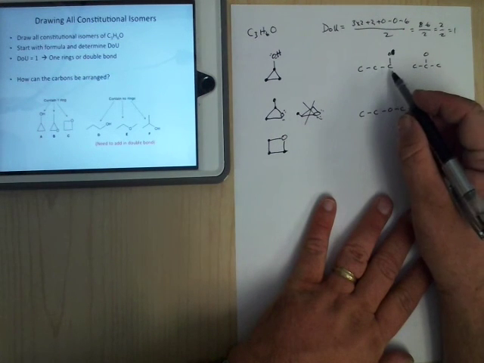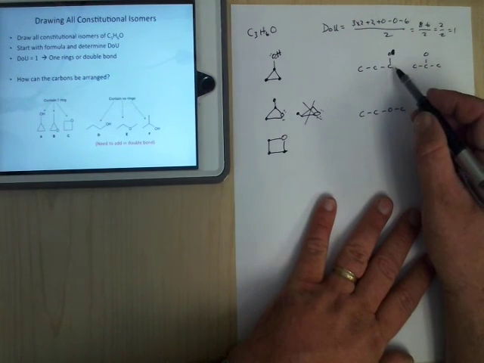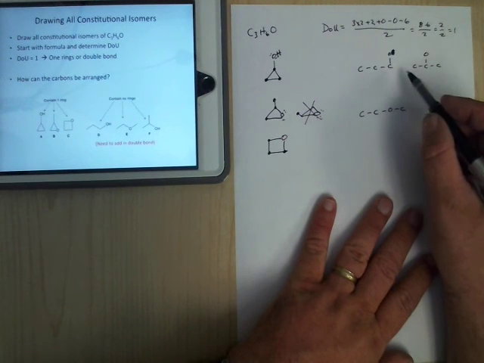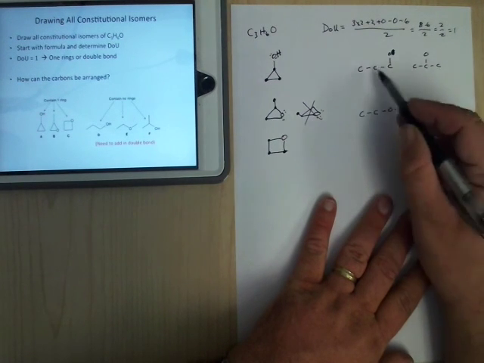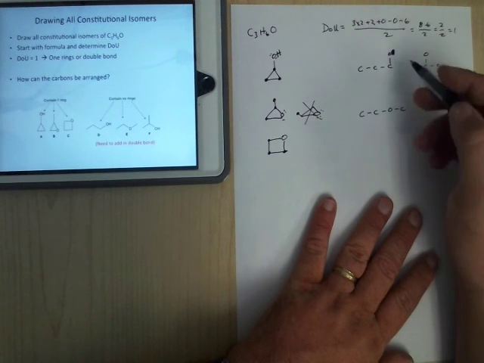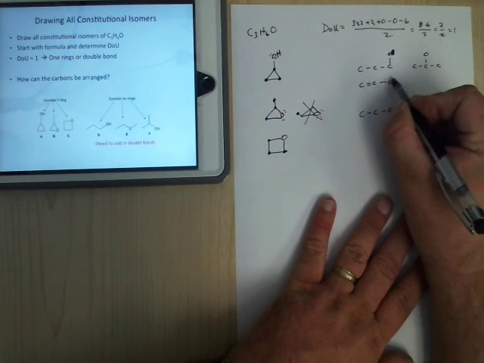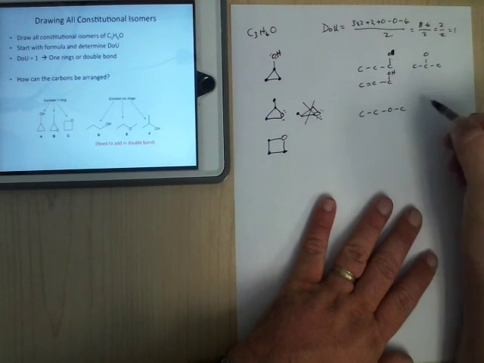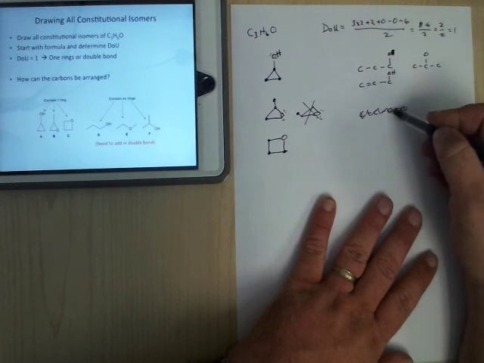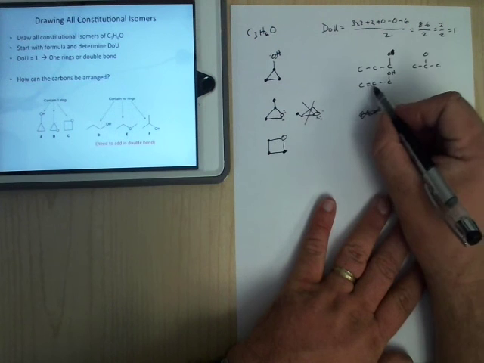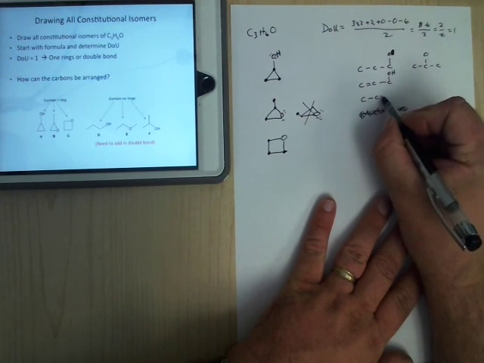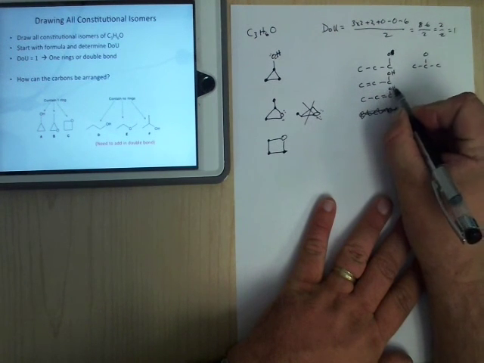So now we have a couple of options. These are at least the backbones for it. For this one, we can put the double bond there, which would mean the OH was there.